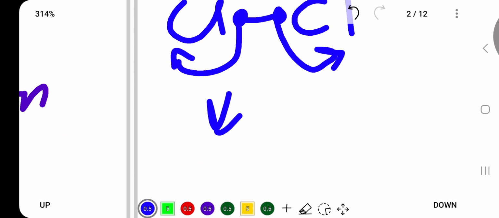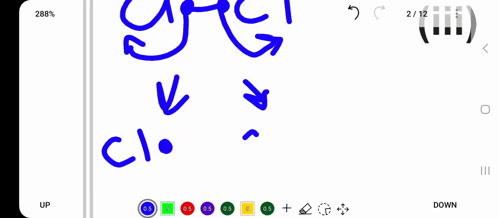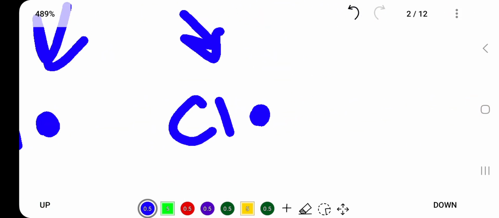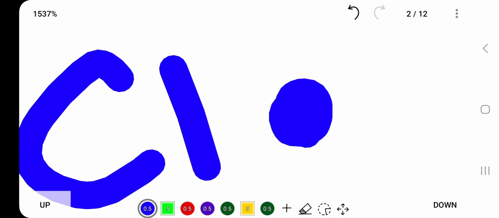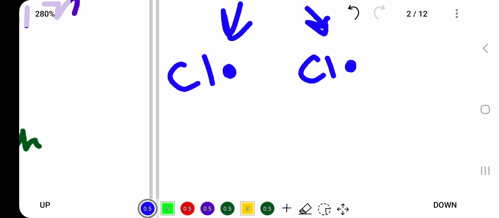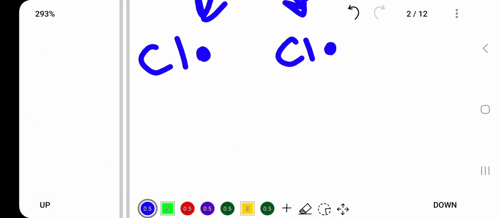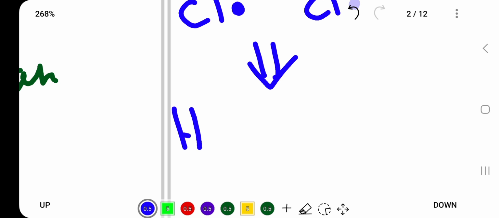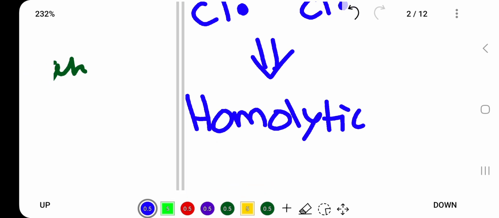To give you one Cl radical, another Cl radical, which means that one Cl has only one unpaired electron and the other Cl has one unpaired electron. This type of reaction is called homolytic fission.